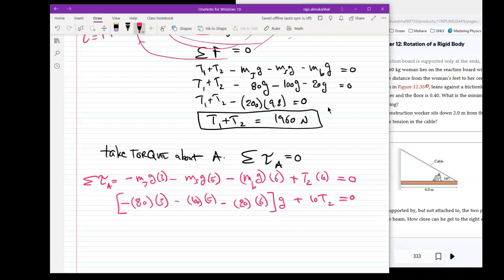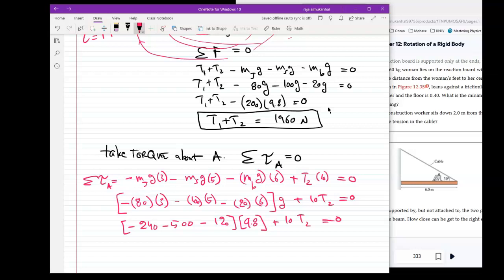Let's do that very quickly. So I have here negative 240 minus 500 minus 120, correct, times 9.8 plus 10T2 equals 0.